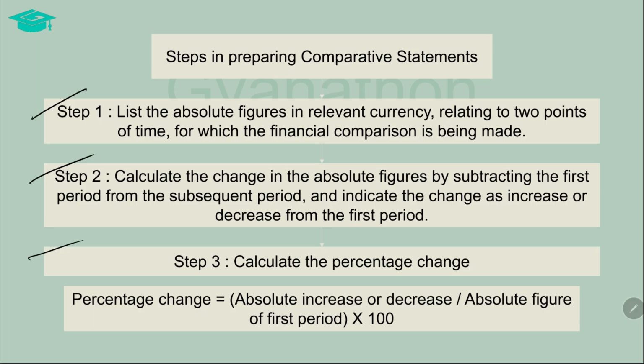Finally, the percentage change has to be calculated. When we put this across as a formula, percentage change is equal to the absolute increase or decrease divided by the absolute figure of the first period, multiplied by 100. So the change in a particular item is taken and recorded as a percentage of that item's value in the first period.